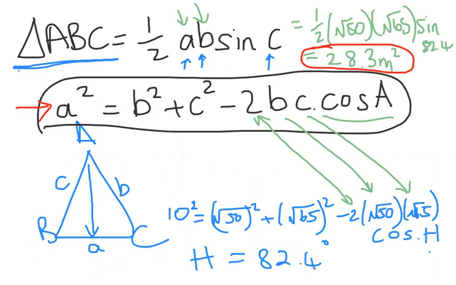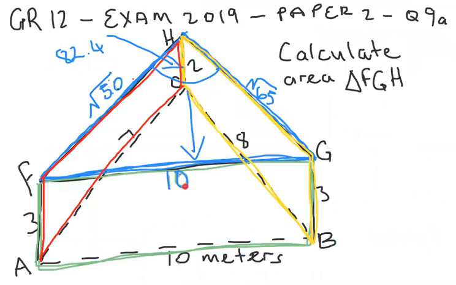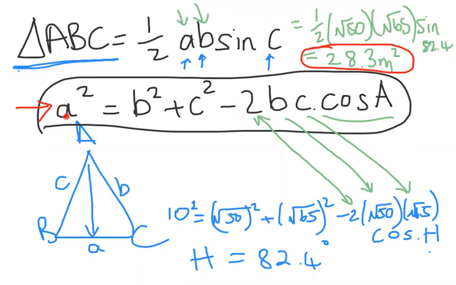And I just said 10 squared. And remember, if you have the formula, this one side here that you have on the left-hand side of the equal, that side must be the opposite angle there. So that's why I have a squared, which is the side, and I needed the angle A. So I had this side 10, and I needed the opposite angle to that side. So that's why I went this route.